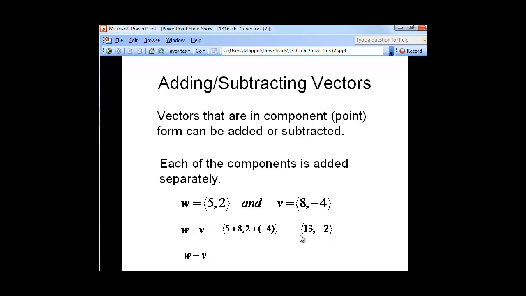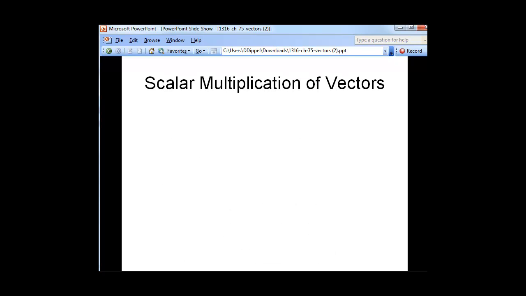You can subtract the vectors. Make sure you subtract a negative when you're doing the -4. So it's 5 minus 8, 2 minus -4, which makes <-3, 6>. So make sure you distribute the negative to the 4 if that's what you're subtracting.